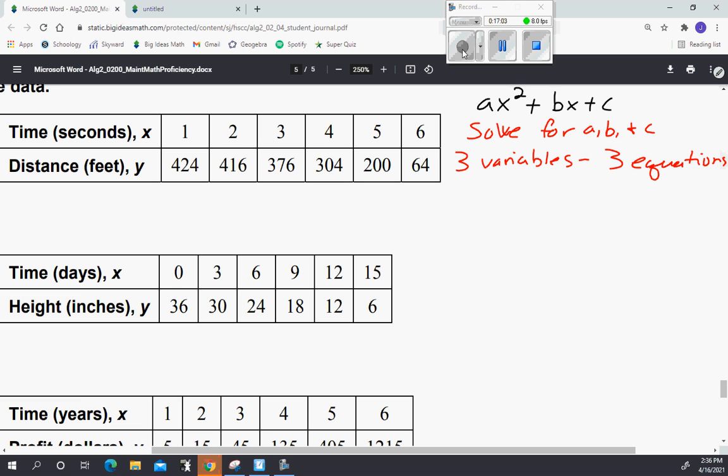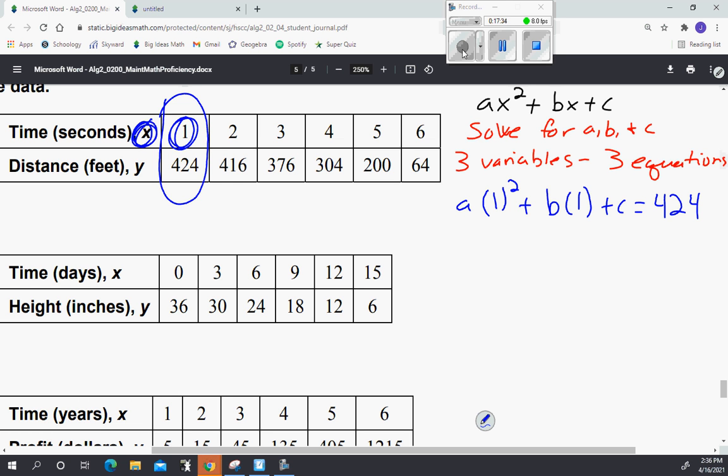Okay, so I like to stick with small numbers. So my first equation is going to have those 2 results. I know x, right? X right here is 1. That makes it easy. So I'm going to have a times 1 squared plus b times 1 plus c, and my result is going to be 424.